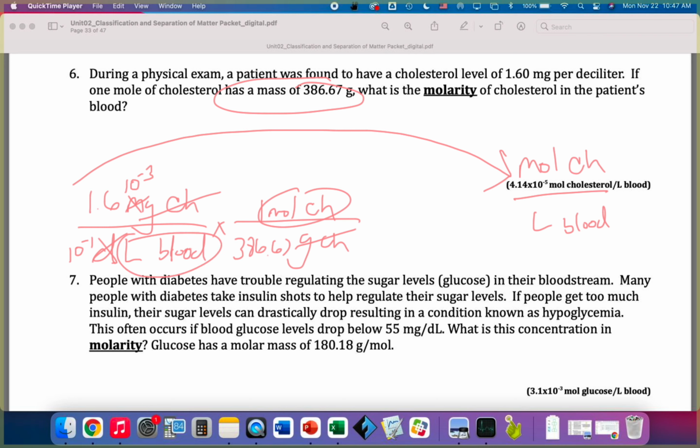Now we're ready to solve this problem. We can cancel 10 to the negative 1 on the bottom and change this to a 10 to the negative 2, which makes that 100 times smaller. So now we're talking about basically 0.016 divided by 386.67. I'm thinking how I want to estimate this.